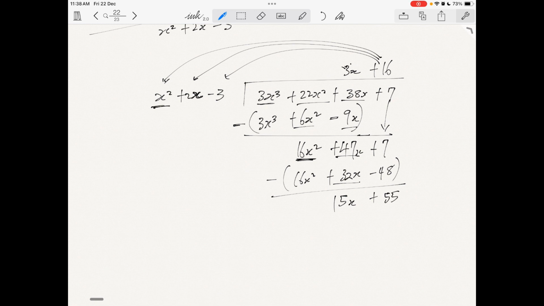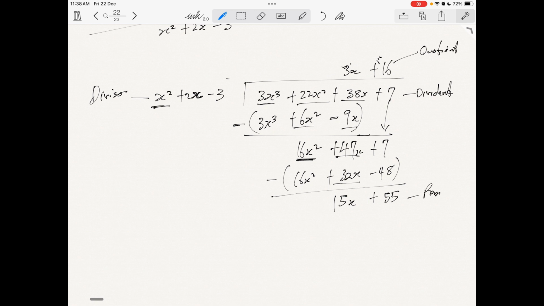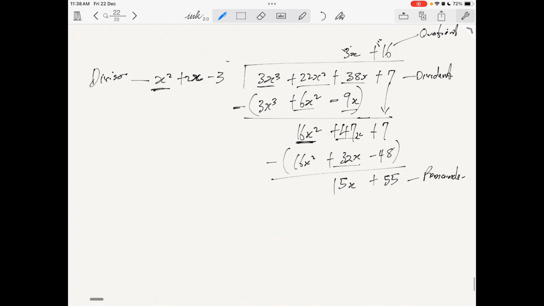So at the end of it all, we would have this to be our dividend, this to be our divisor, this to be our quotient, and this to be our remainder. We remember that our dividend is equal to the quotient multiplied by the divisor, plus the remainder.